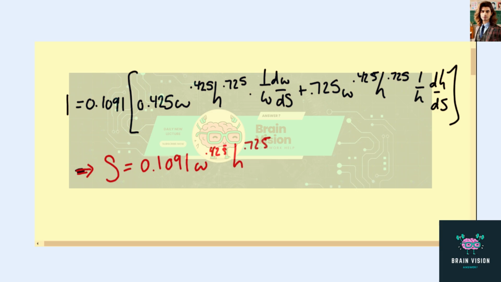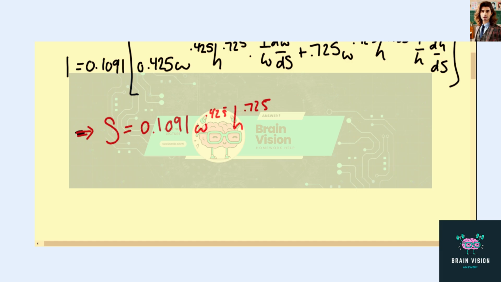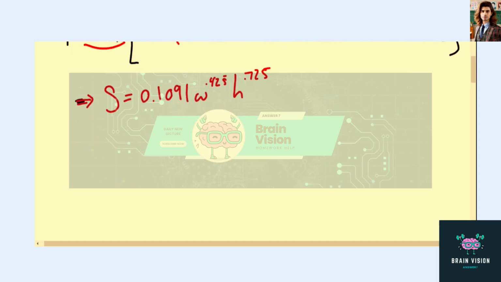So we're going to substitute that in, because we can see that in here: the w's and h's, and then the 0.1091 on the outside. We're just going to replace those with S.